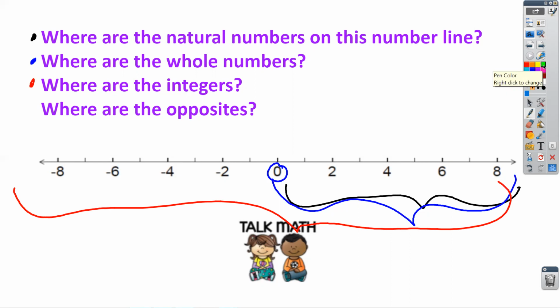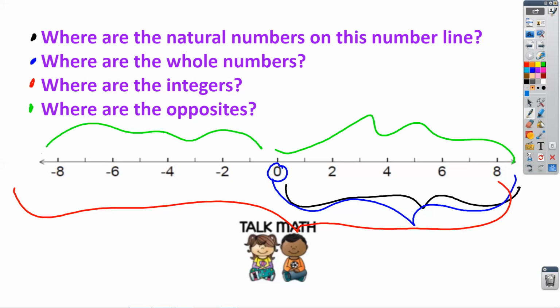Now, where are the opposites? That kind of depends on which side you're looking at. If you're looking at the positive side, well, the opposites then are the negative numbers. If I am looking at the negative side, well, opposites would be the positive numbers.